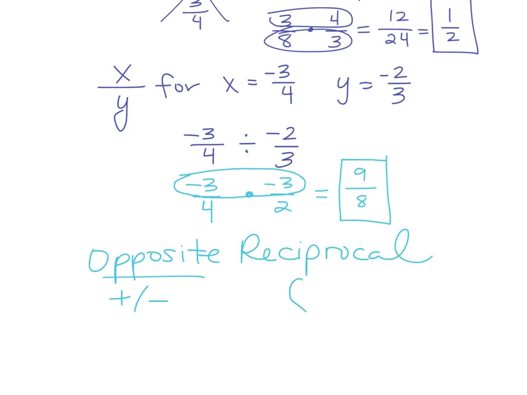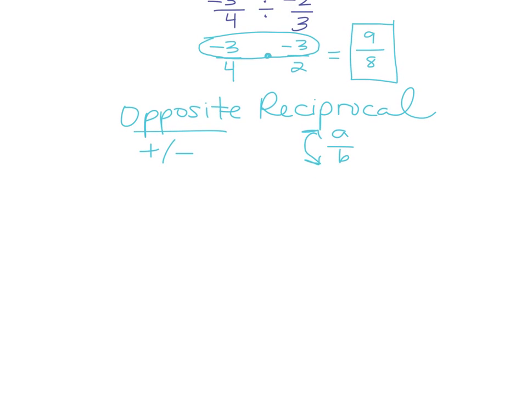Reciprocal means you're going to flip your A over B becomes B over A, right? So can you tell me what the opposite reciprocal of 2/3 would be? 3 over 2. The opposite reciprocal. Negative 3 over 2. Okay, that'd be an opposite reciprocal.